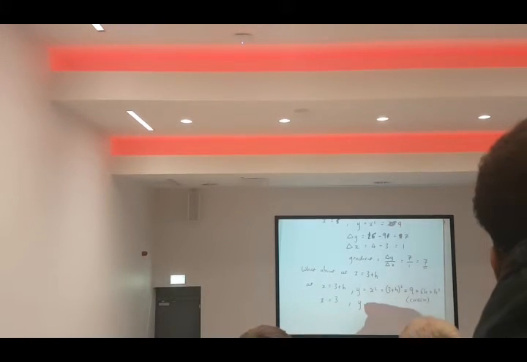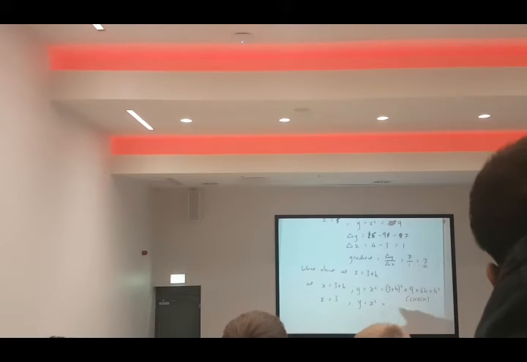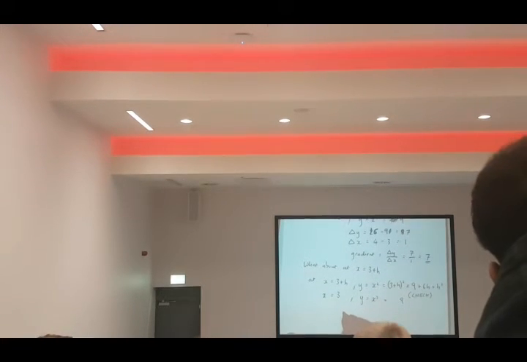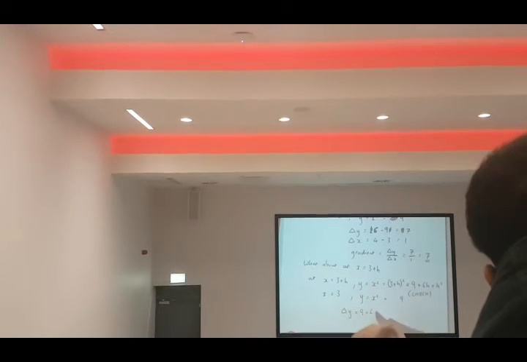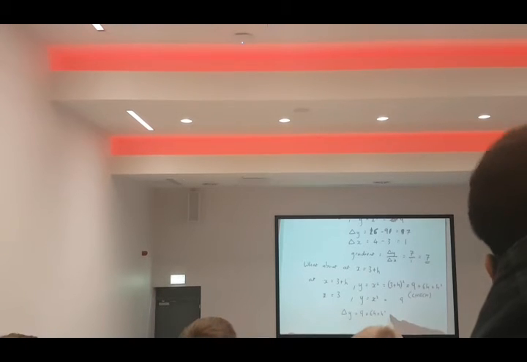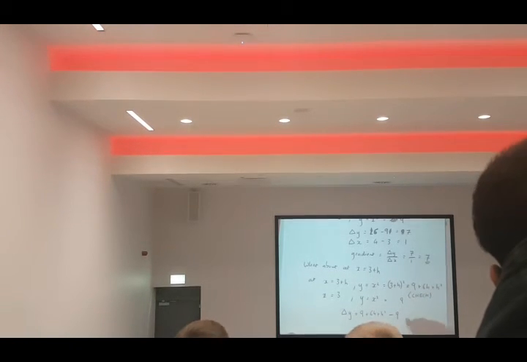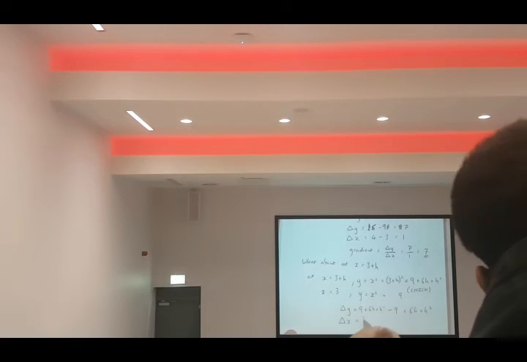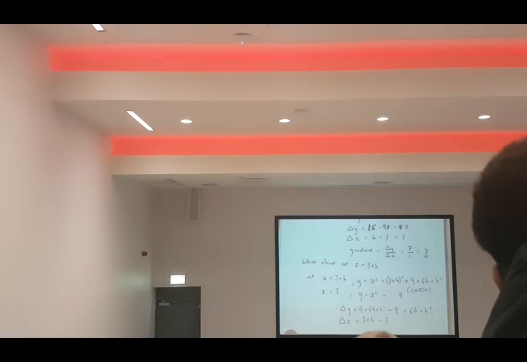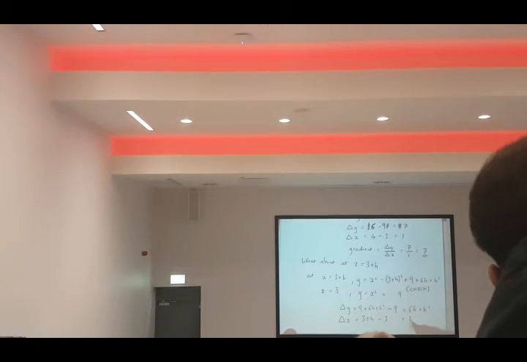Okay, so thinking of the points 3 plus h and 3. At 3, we get y equals x squared, which is equal to 9. We can do the same calculation. The change in the value of y is going to be 9 plus 6h plus h squared minus 9, and the difference between the two values is 6h plus h squared. Changing the value of x, we have 3 plus h and 3, so this is equal to h.